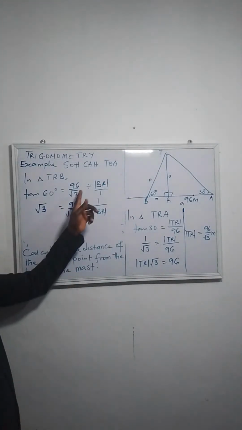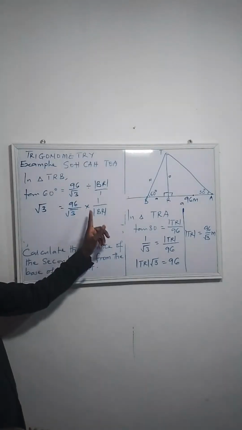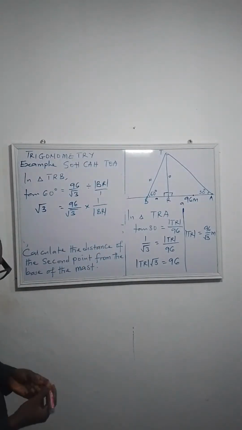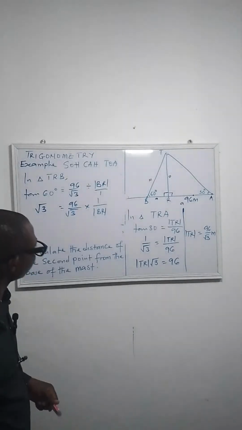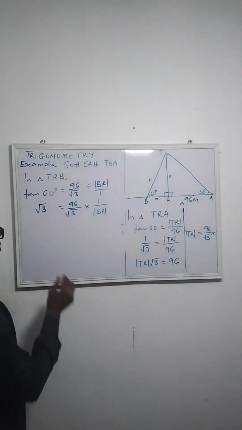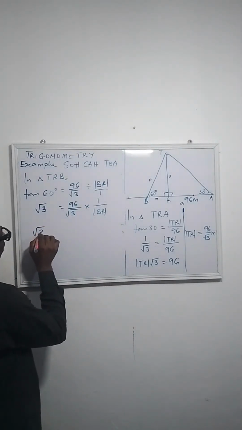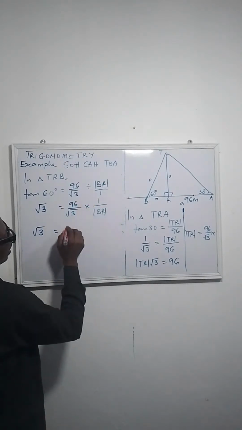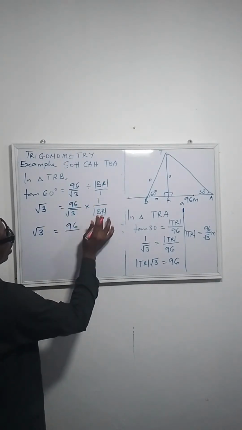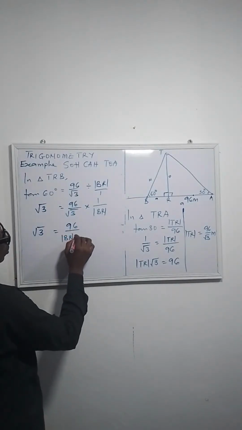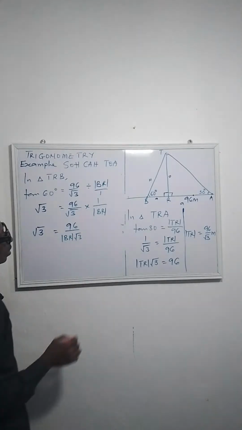When you change this to multiplication, it is going to be the reciprocal of what we have here. So this moves down to square root of 3 equals, now this times 96 times 1, that's 96 over, now let's multiply this, we have BR square root of 3.